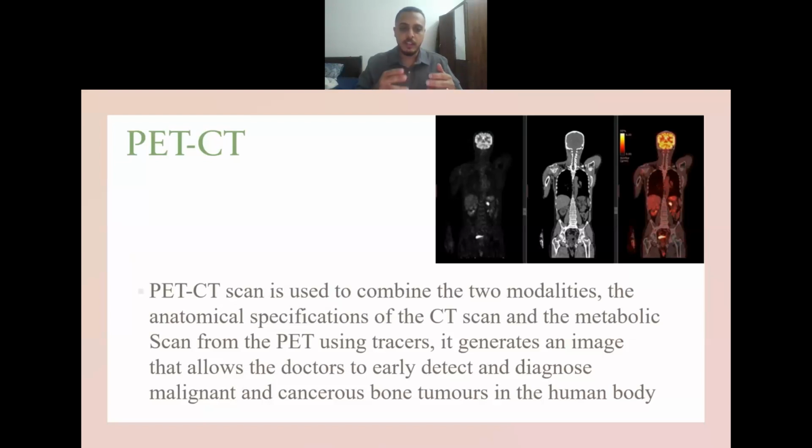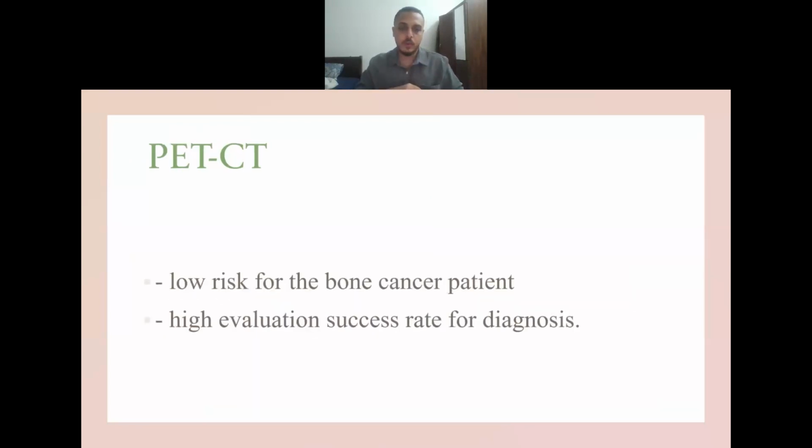It takes the anatomical specifications from the CT scan and the metabolic scan from the PET, using tracers. It generates an image that allows doctors to detect and diagnose malignant bone tumors early in the human body. It has low risk for the bone cancer patient from radiation and tracers, and a high evaluation success rate for diagnosis.